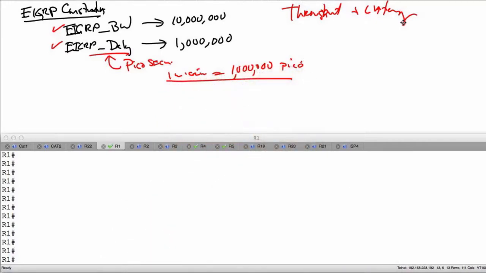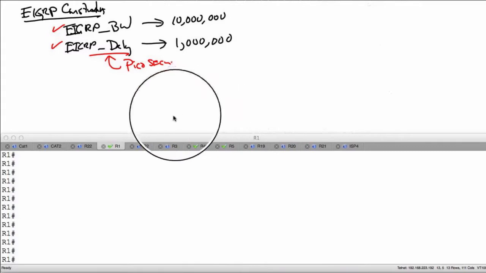So what we're going to find here is this throughput. I'll go ahead and just erase latency, and I'm going to take this pico out. And let's highlight what our configuration is for throughput. So what equals throughput?